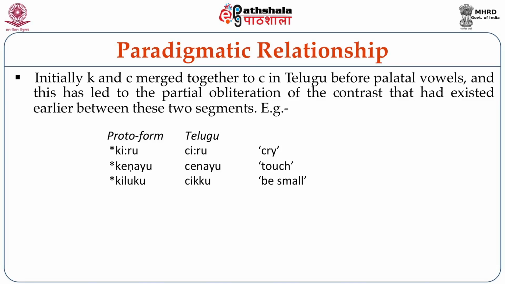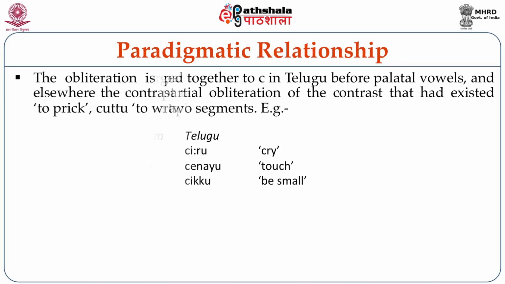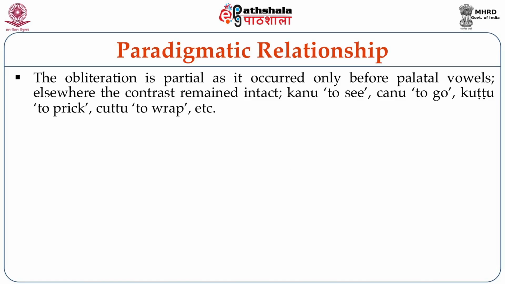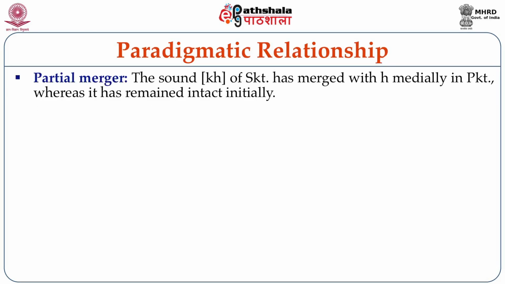Kenayu means touch, becomes Chenayu in Telugu, etc. The obliteration is partial as it occurred only before palatal vowels. Elsewhere, the contrast remained intact. So, Kanu to see, Chenu to go, Kullu to prick, Chuttu to rap, etc. illustrate this aspect.